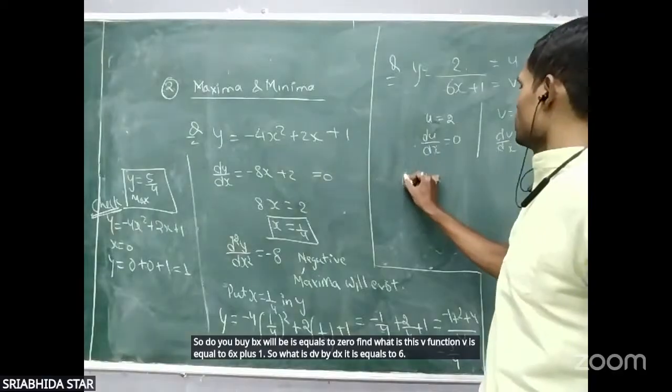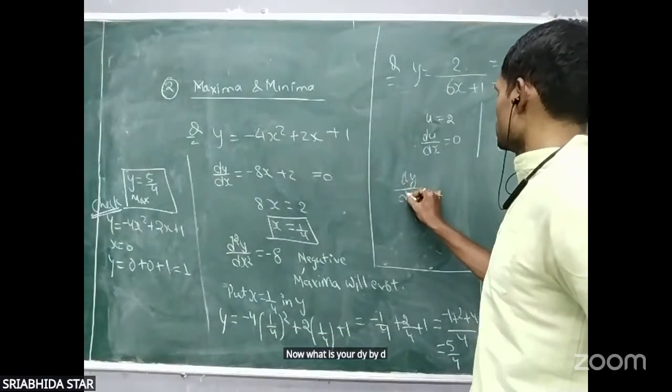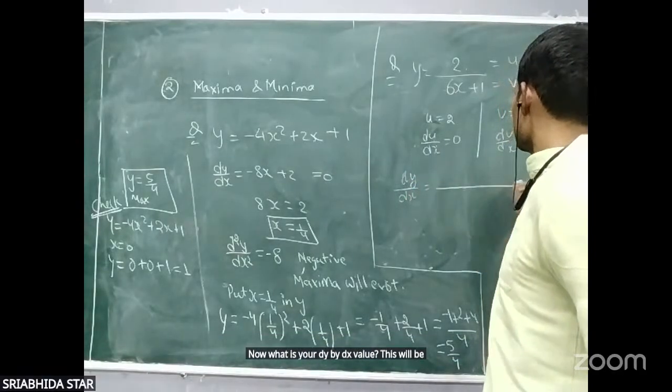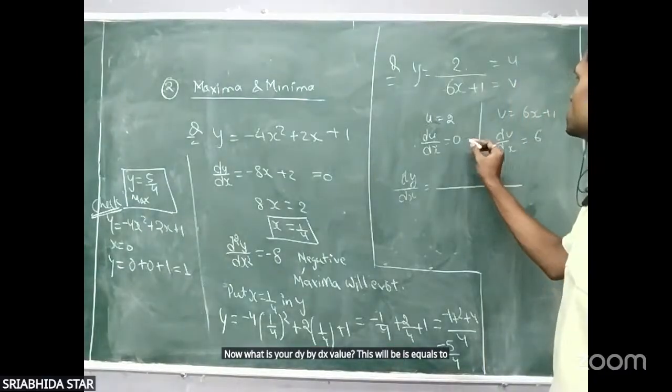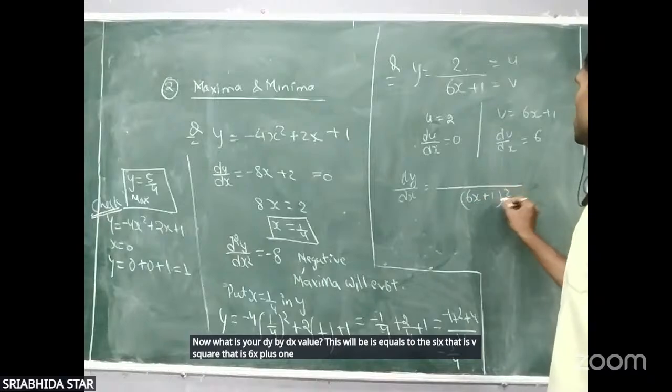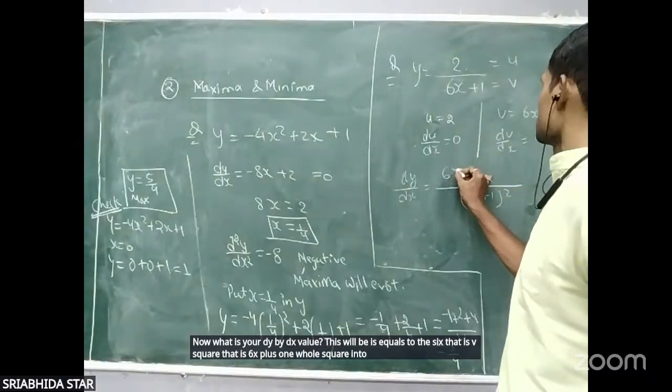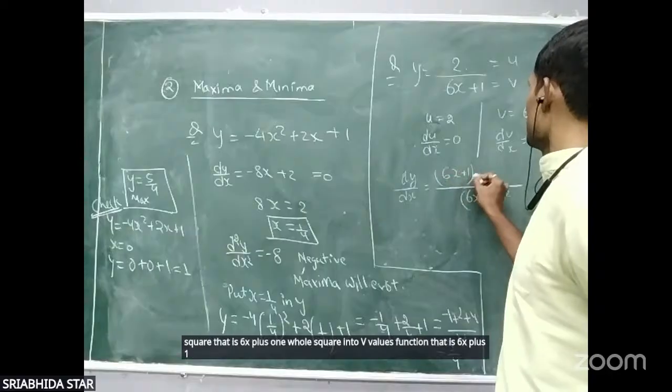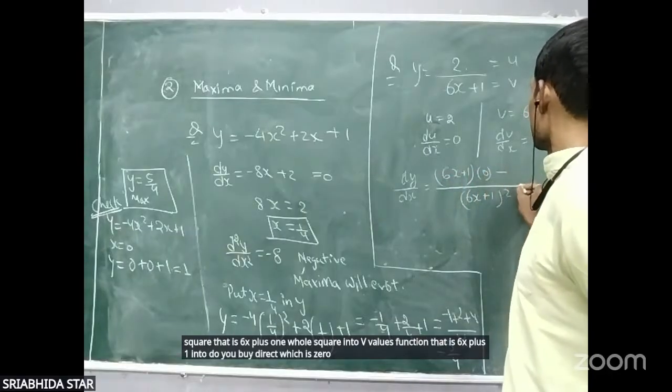Now what is your dy by dx value? This will be equal to 6x plus 1 whole square, that is v squared, into v times du by dx, that is 6x plus 1 into ∂u/∂x, which is 0. Okay, good.